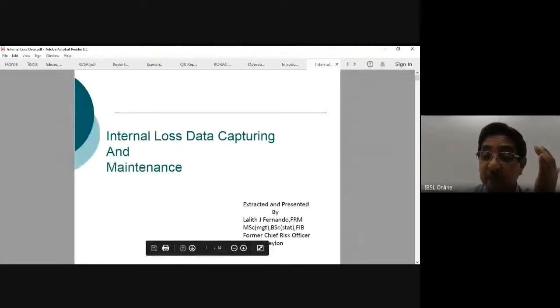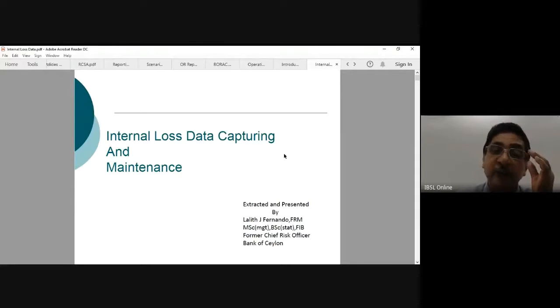Internal loss data capturing and maintenance. Now, through this presentation, I will explain the way in which you can do this exercise. But in different organizations, this exercise has to be done in a different manner, because that all depends on the organization's culture and the structure.